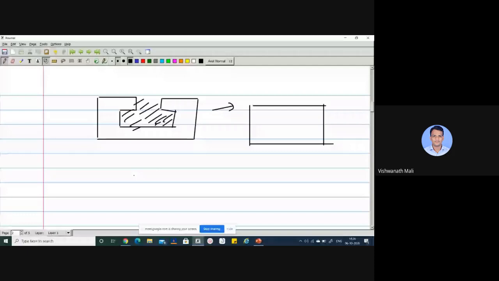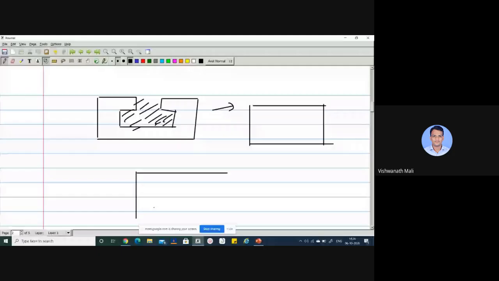With the help of this pattern, you will prepare the mold. Right. Let's suppose this is the core, and this is your pattern, and this is your actual part.